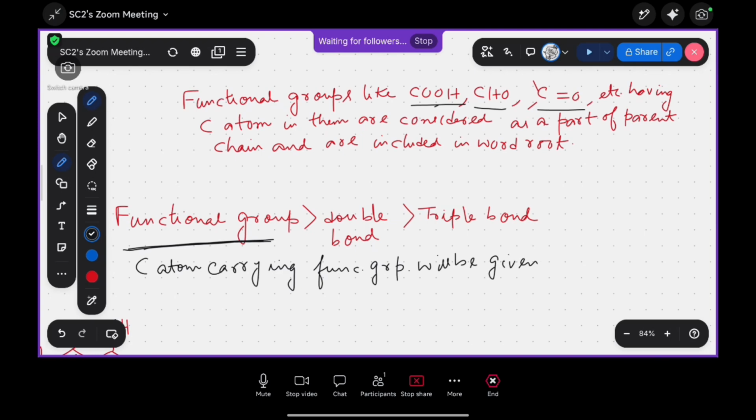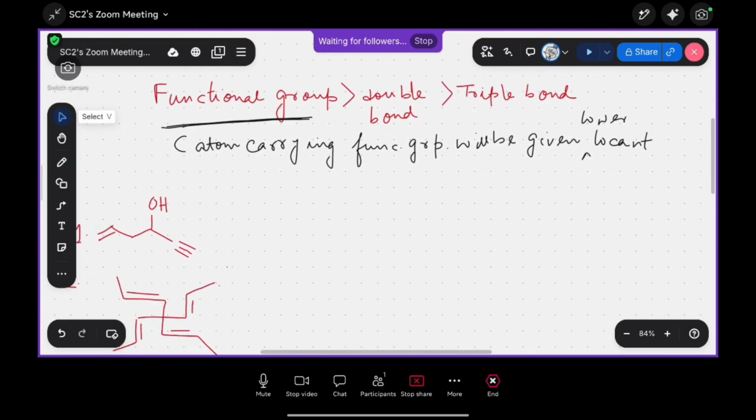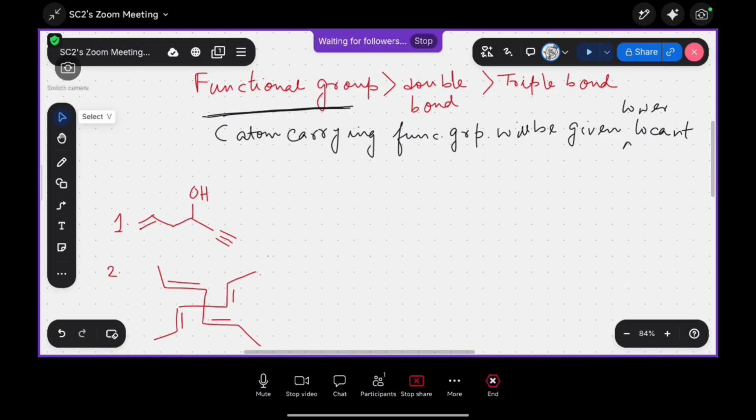I am solving some examples for you, and through that you will understand. So let's solve some examples. See, for example, number 1.